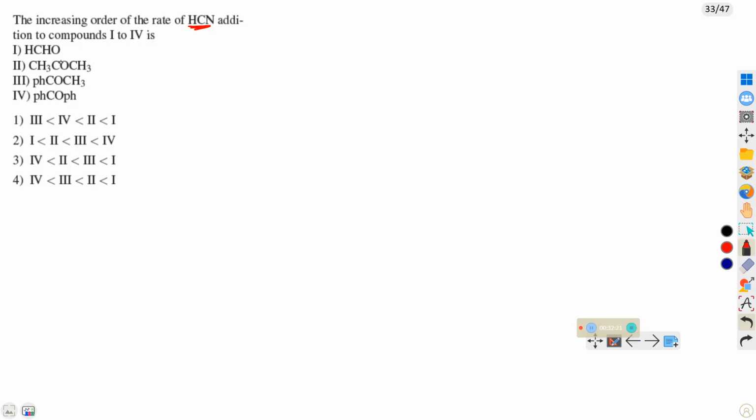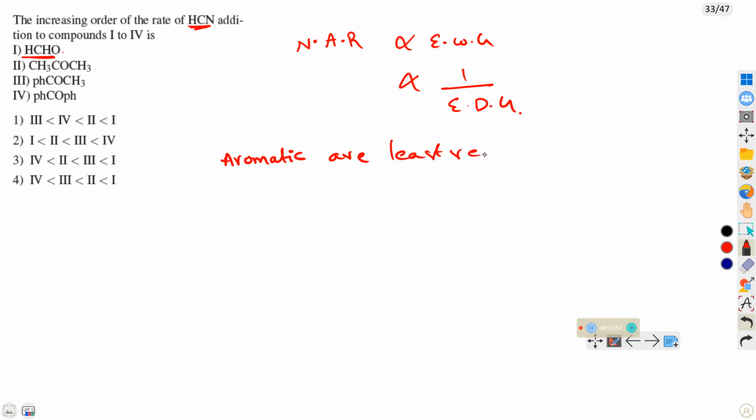The increasing order of rate of HCN addition to the following compounds. Addition of HCN to carbonyl compound is nucleophilic addition. Nucleophilic addition reactions are directly proportional to electron withdrawing groups and inversely proportional to electron donating groups. For HCHO, there is no electron donating or withdrawing group, so HCHO is more reactive. Aromatic compounds are least reactive towards nucleophilic addition compared with aliphatic.